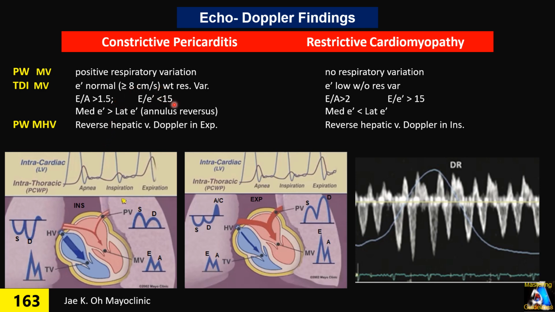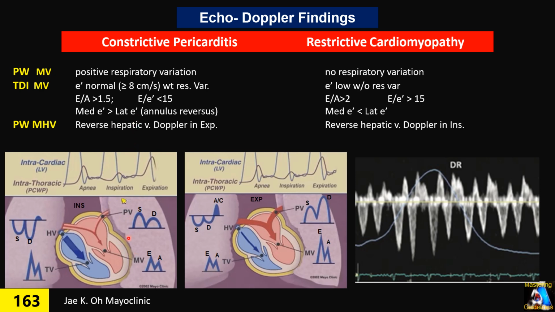The ratio of E to A will be equal or more than 1.5, and E to E prime is less than 50. The most important finding in constrictive pericarditis is that medial E prime is taller or higher than lateral E prime.